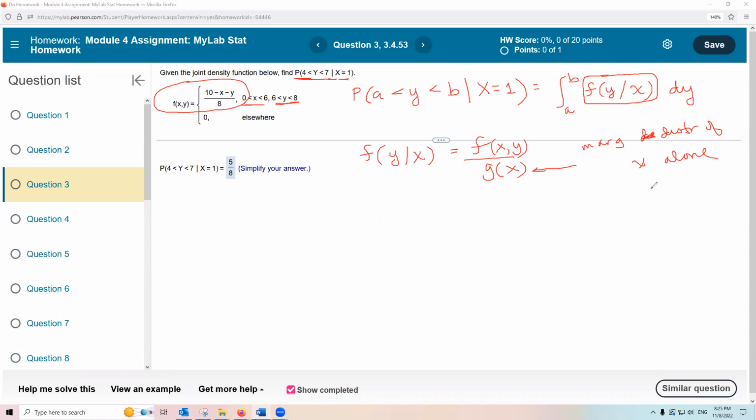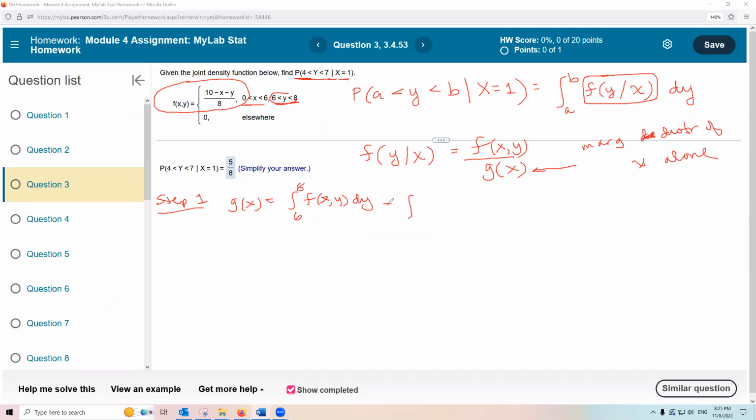So we've got to find g of x first. Let's call this step 1. We have to find g of x. So g of x is the integral of f of x, y dy. We're going to let this vary over y, which in our example is going from 6 to 8. So this is going to be an integral from 6 to 8.